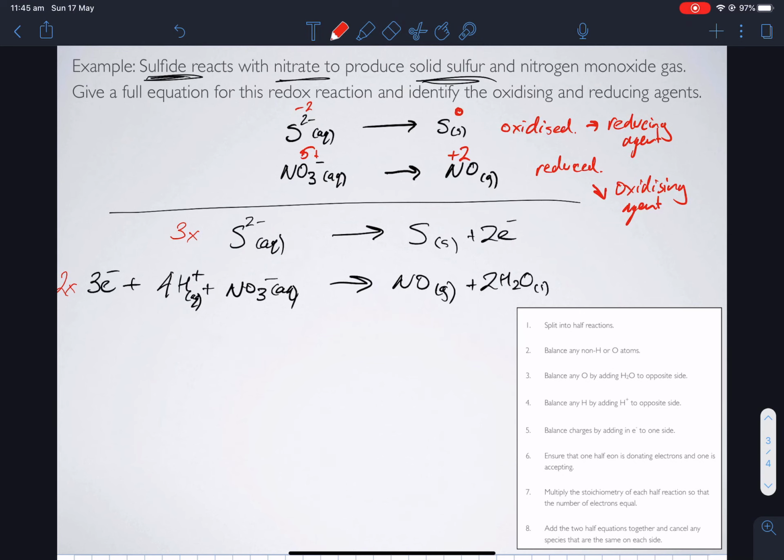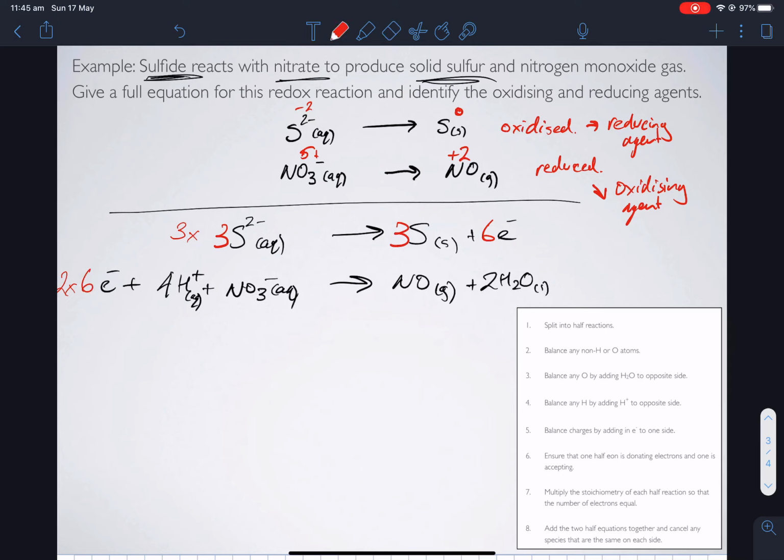So let's go along and change our numbers. We've got a big 3 there, a big 3 there, and this 2 electrons is now 6 electrons. Okay, and this bottom one, this 3 electrons is now 6 electrons.